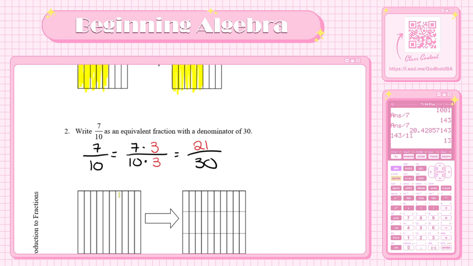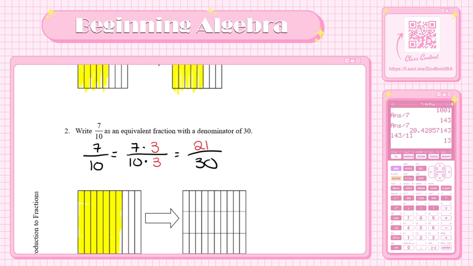So 7/10, that is this portion right here. These long bars are called tenths, and I've got 7 of those tenths. Now, to multiply the numerator by 3, that means taking each one of those bars and making it into 3 of them.